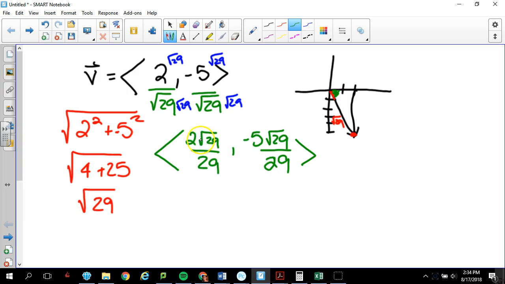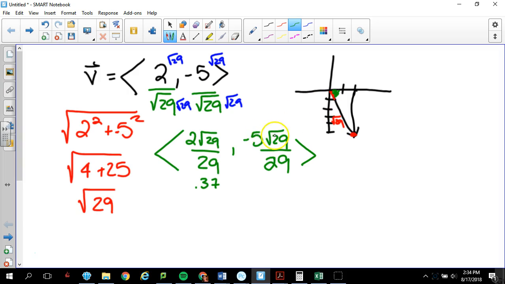That's telling me that if I was going to go 2 square root 29 over 29, and I made that a decimal instead of an exact number, I'm going 0.37 to the right, for example. 0.37, that's a tiny number.